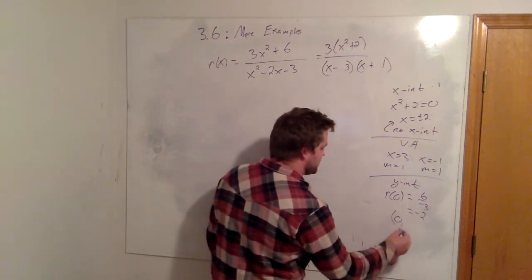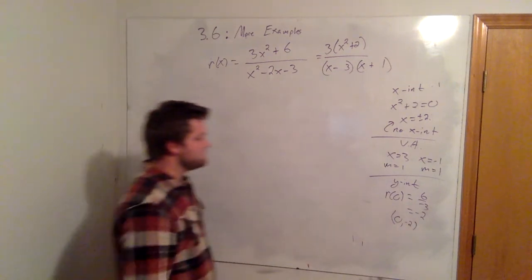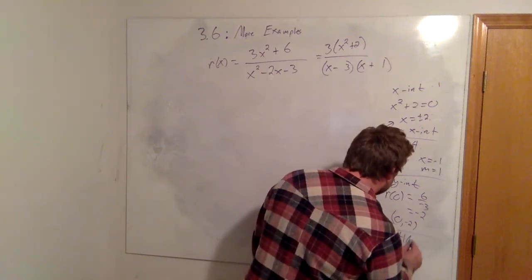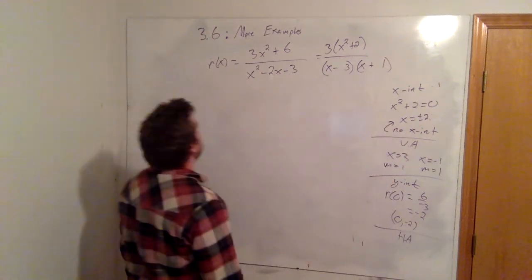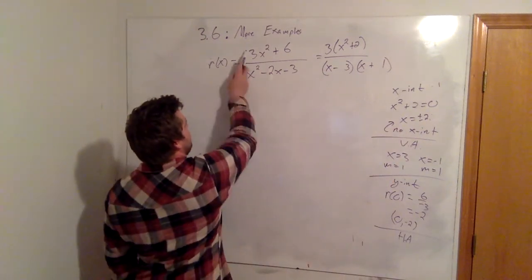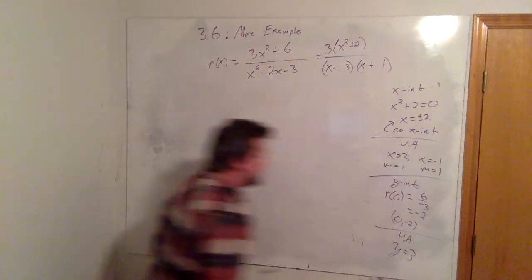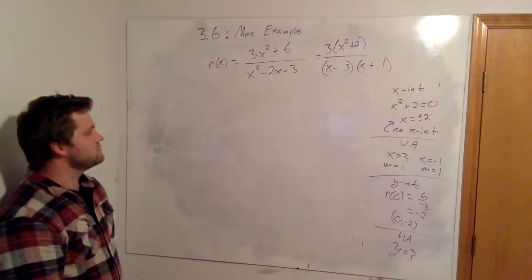So our y-intercept is (0, -2). And the last thing is, let's talk about the horizontal asymptote. Well, the degrees are tied, so they'll settle on the ratio of their leading coefficients. So y equals 3 will be the horizontal asymptote.